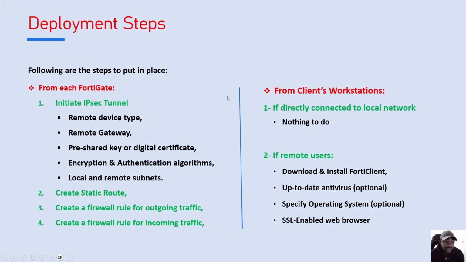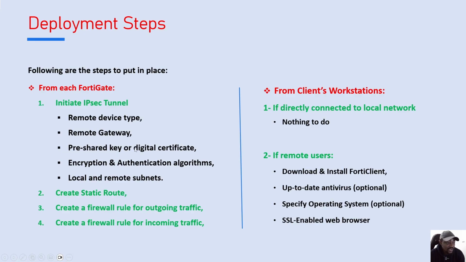So talking about the deployment steps, from each FortiGate, you will need to initiate the IPsec tunnel. So you need to know the remote device type. Are both devices FortiGates, or maybe you are configuring between a FortiGate device and a Cisco or a WatchGuard. So you need to know the remote gateway.